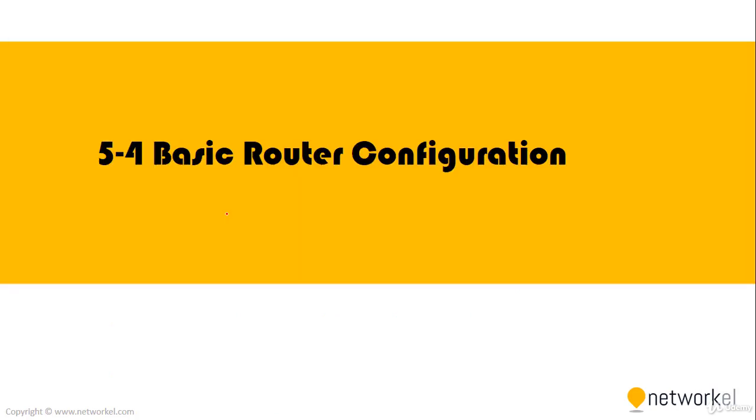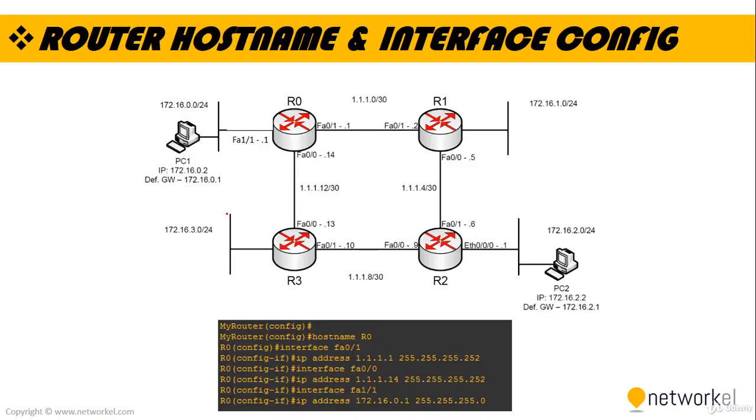So let's take a look at the basic router configuration now. In a basic router configuration, we can simply configure a hostname, for example. So let's say that we have a router named my router. In config mode, I need to type the hostname command and give a hostname to our device.